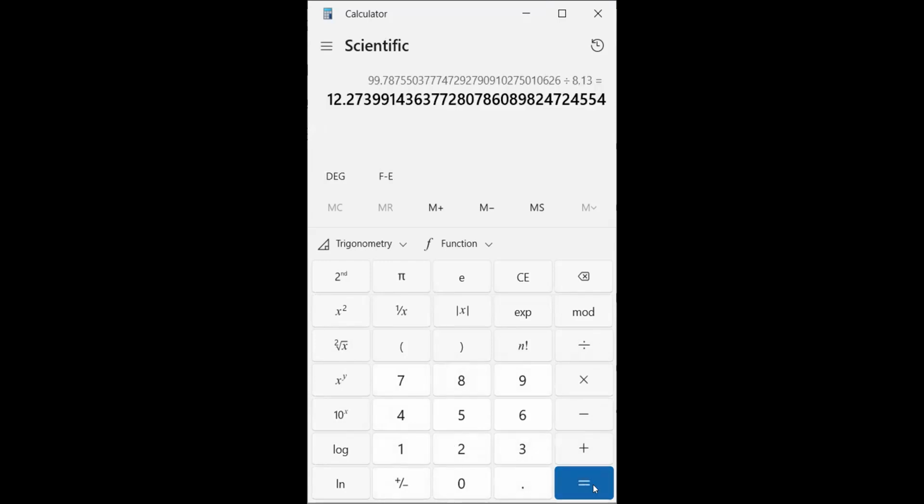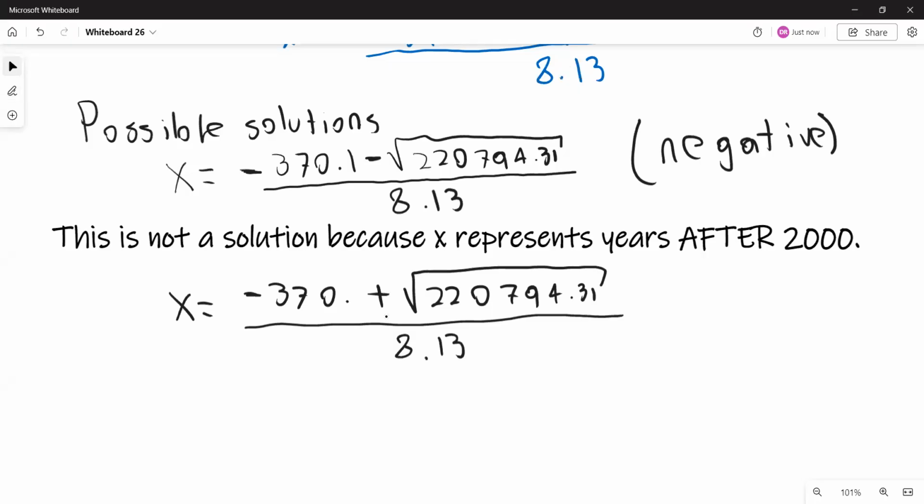So that's about 12.3. So this is approximately 12.3, and that corresponds to 2012.